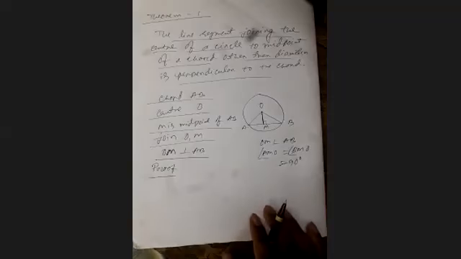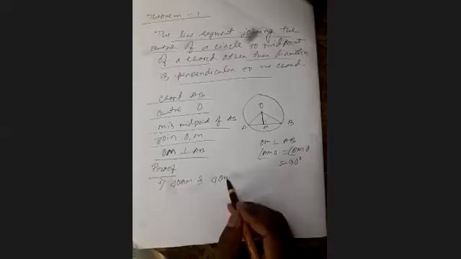So we have to prove that OM is perpendicular to AB. Now we can consider step one. In the figure we have got two triangles: one triangle is OAM and another triangle is OBM.